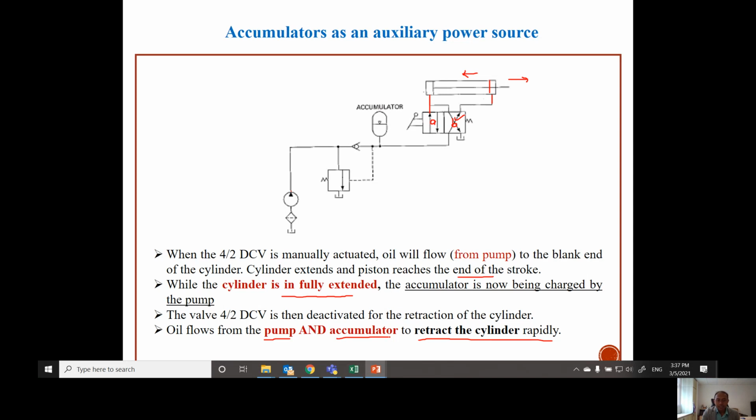So the flow rate is like, during the extension, you only have the flow from the pump. But now during retraction, you have also from the pump plus the flow from the accumulator. So therefore, if you do experiment on this, you can see that the retraction will be faster than extension. So this is the result when you have accumulator as an auxiliary power source.